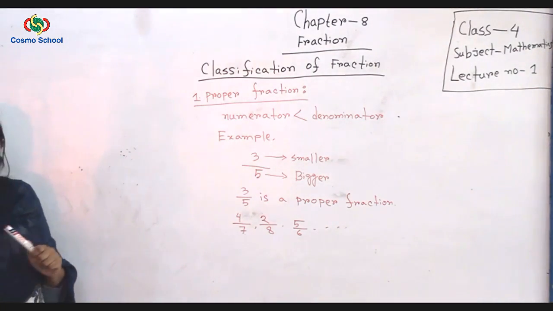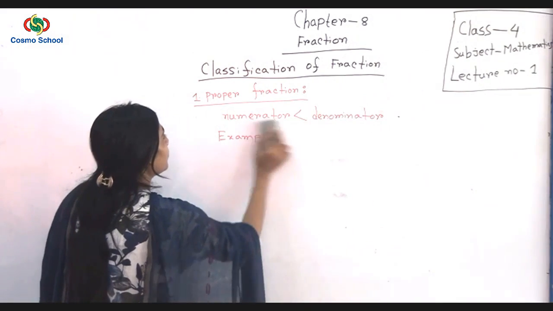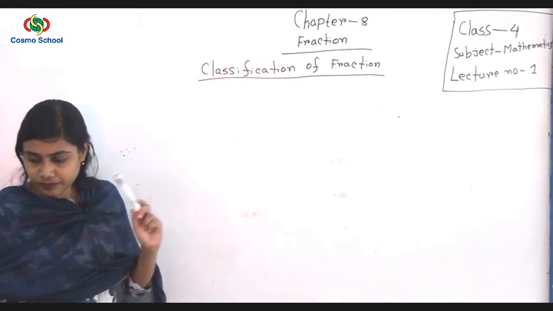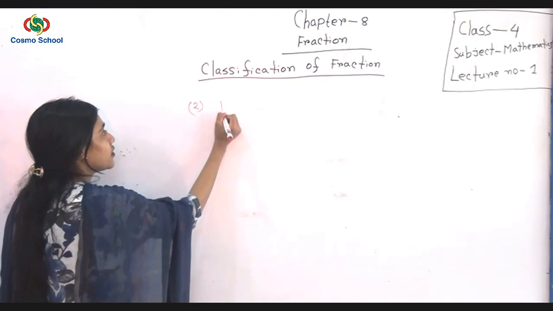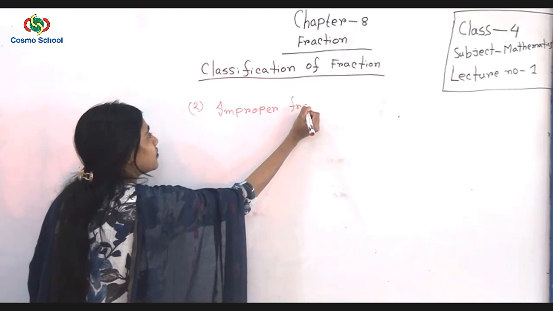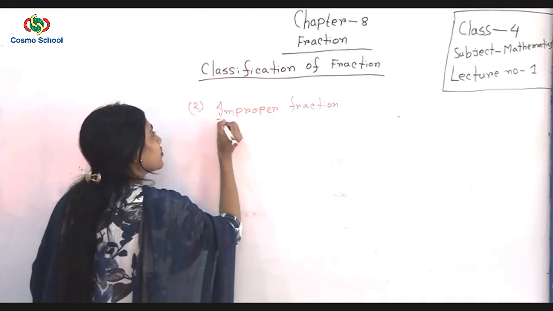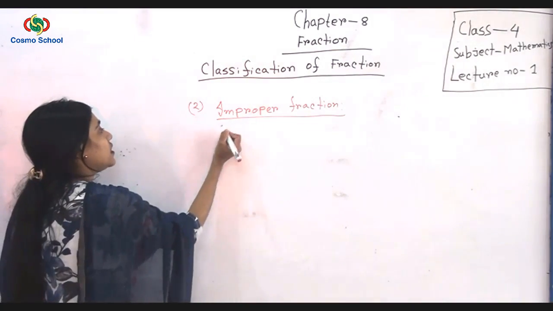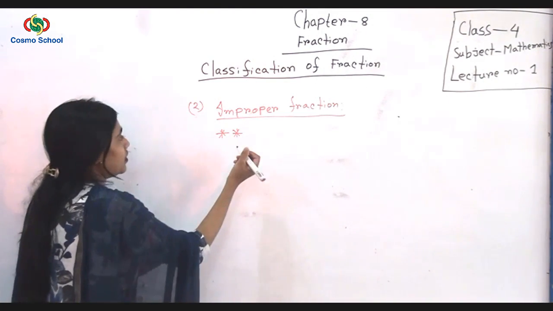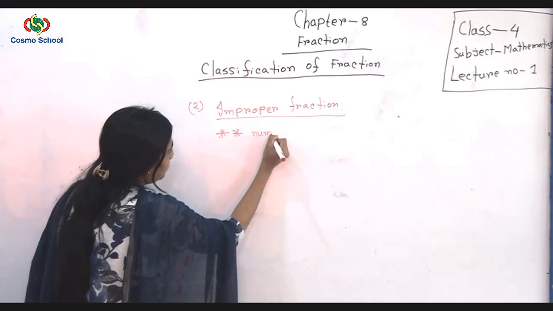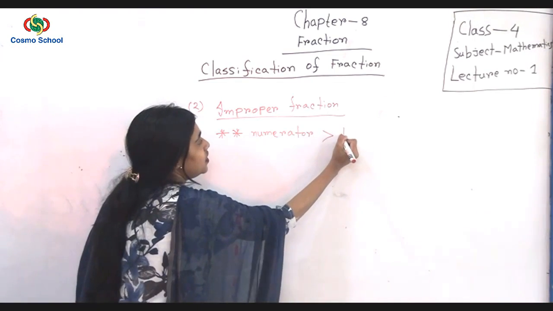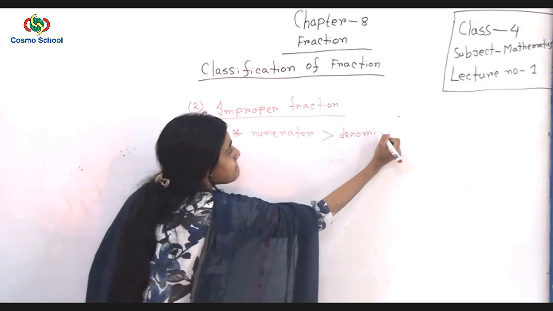Now, improper fraction. Here there are 2 conditions. The first condition is a fraction in which the numerator is greater than the denominator.